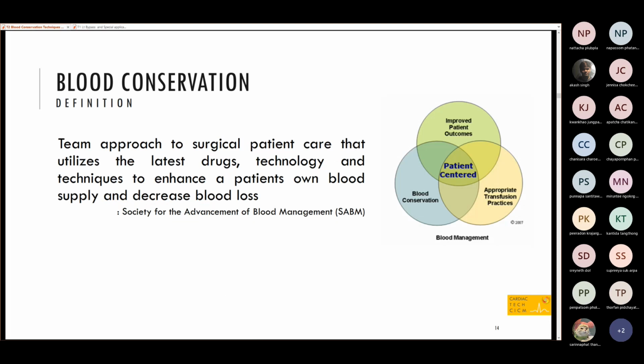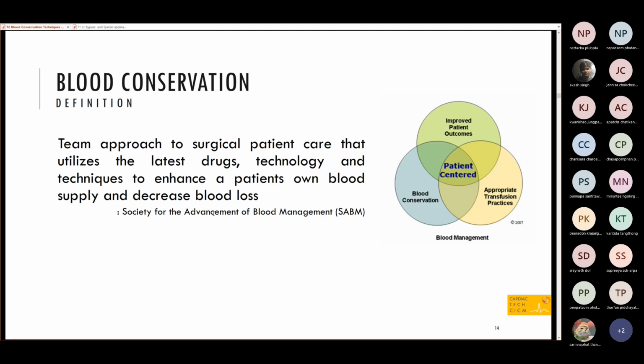The guideline also mentions how to improve the patient's outcome, which is to preserve the blood by using blood conservation techniques, and to transfuse as little as we can. So this is the blood conservation concept.